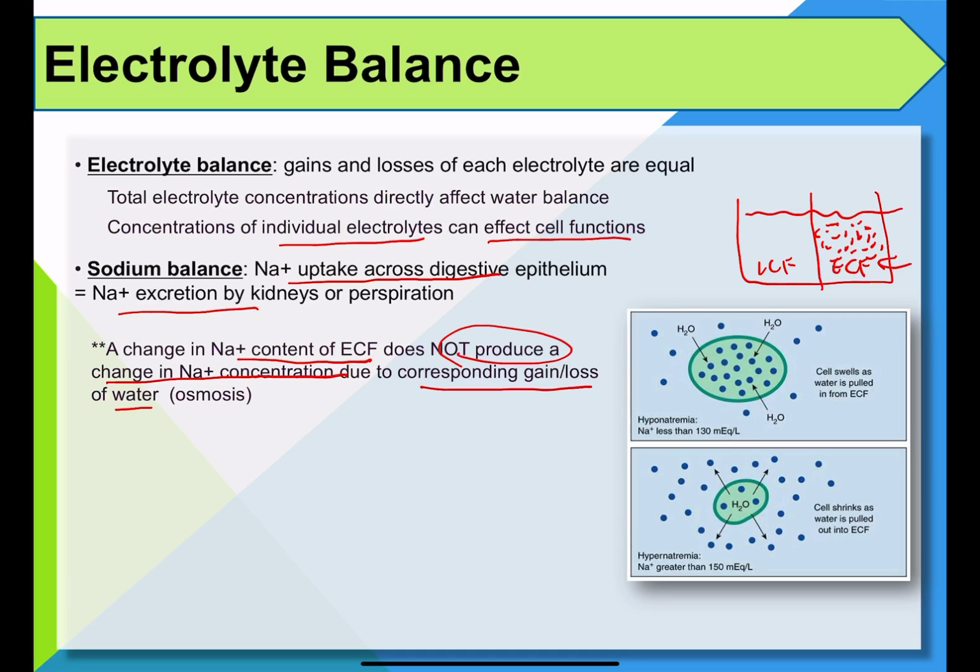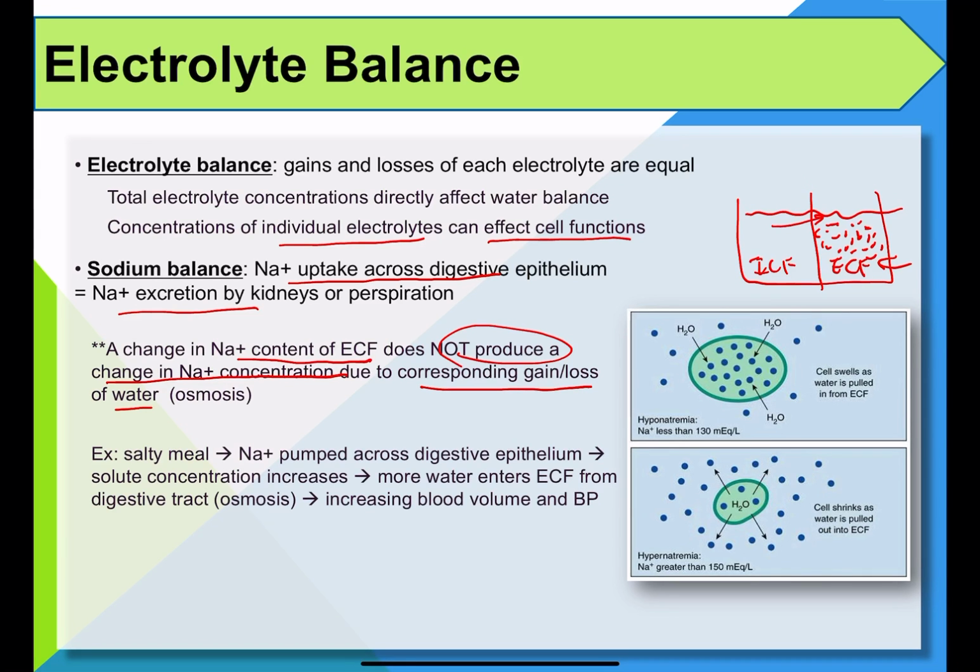What's going to happen, driven by osmosis, is that fluid will move out of your ICF into your ECF when you take in a lot of salt, to balance that high concentration of solutes. So you won't change the ion content itself, how much salt you have, but you will change the concentration by movement of water between ICF and ECF.